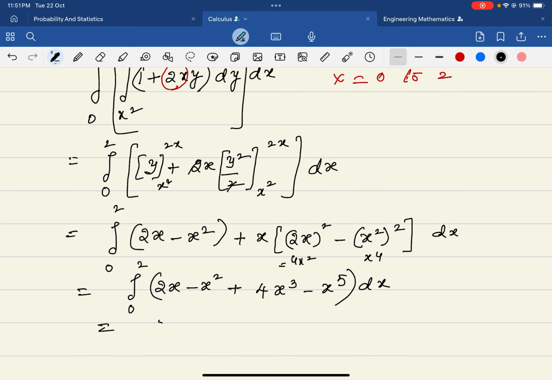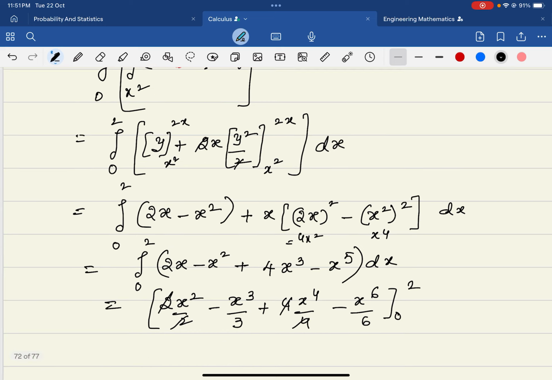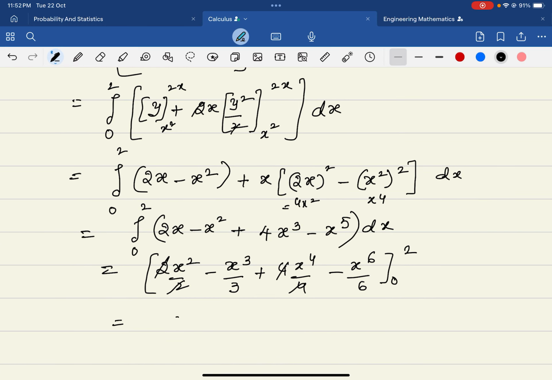Now solve this. 2x means 2x square by 2. x square means x cube by 3. 4x cube means x power 4 by 4. x power 5 means x power 6 by 6. 2 gets cancelled. 4 gets cancelled. Put the limits from 0 to 2. So let us solve this. Upper limit is 2 square minus 2 cube over 3 plus 2 power 4 minus 2 power 6 by 6.